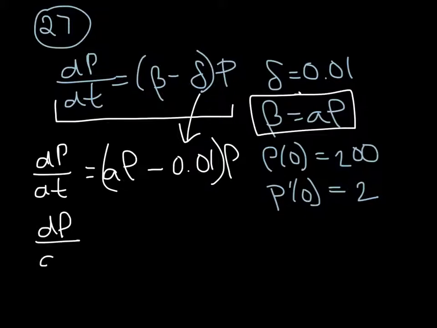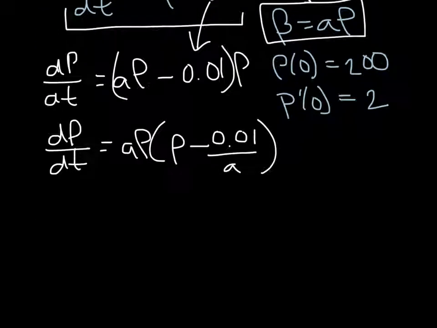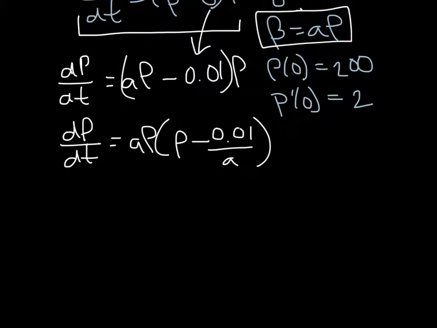dP/dt is equal to, again, we can factor out that A P as we did before in a previous problem, and I'm going to be left with 0.01 over A. And, well, let's separate our variables, right? We always want to separate our variables.